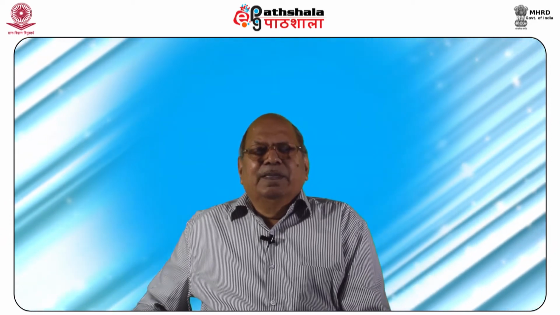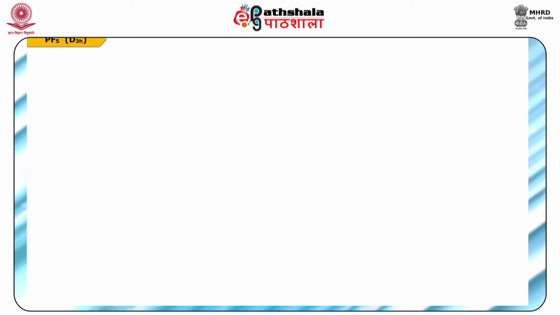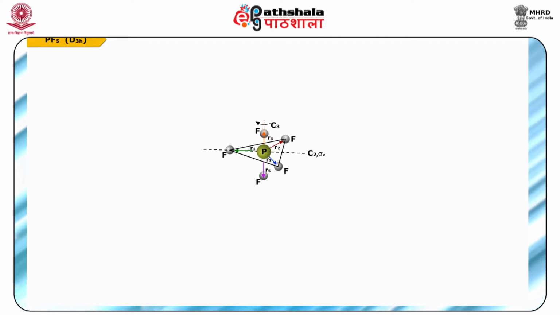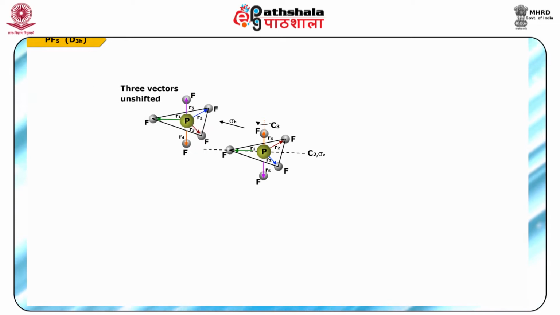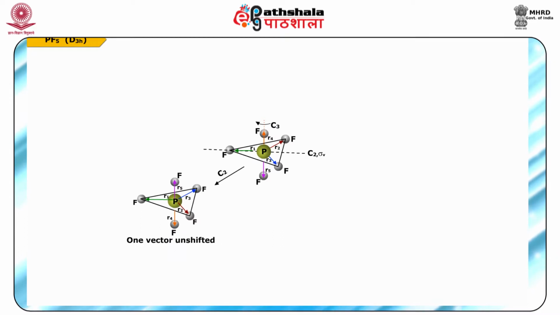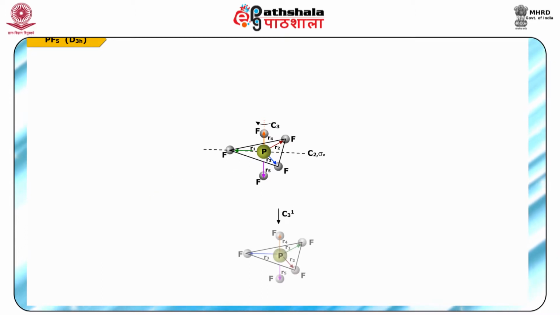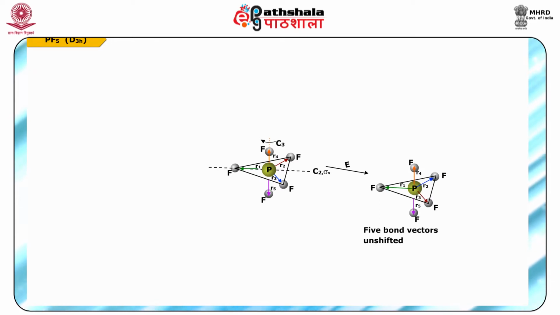The effect of symmetry operations of the D3h point group on 5 PF bond vectors are shown. Carrying out sigma v, we get 3 vectors unshifted. Carrying out sigma h also gives 3 vectors unshifted. Carrying out C2, only 1 vector is unshifted. Carrying out C3, only 2 vectors are unshifted. Carrying out S3, all vectors are shifted. Carrying out E, 5 bond vectors are unshifted.